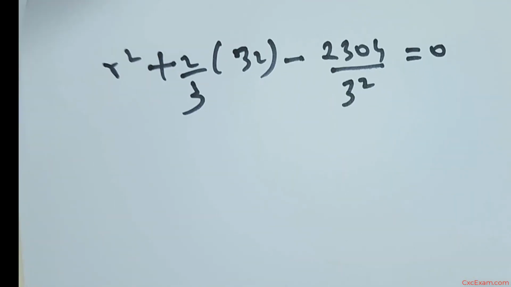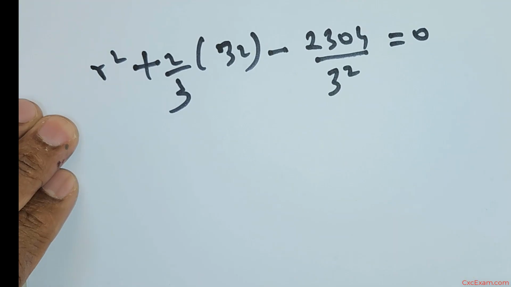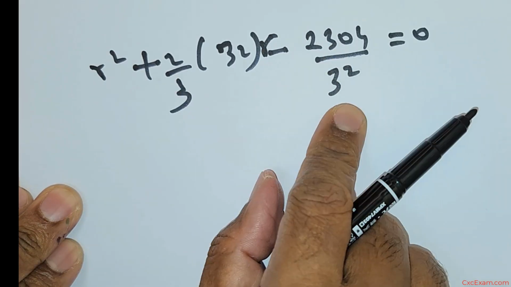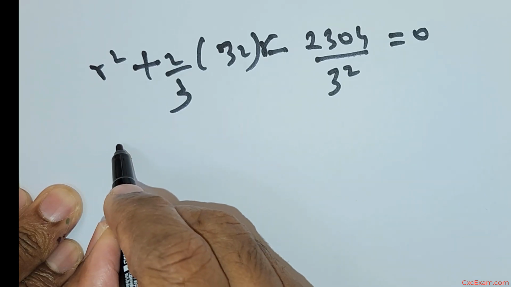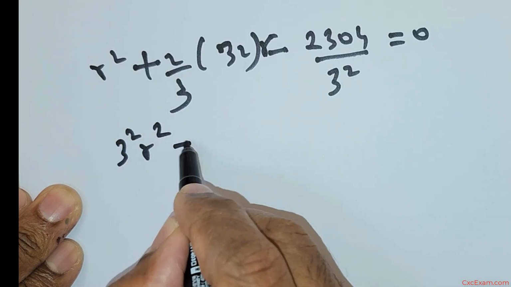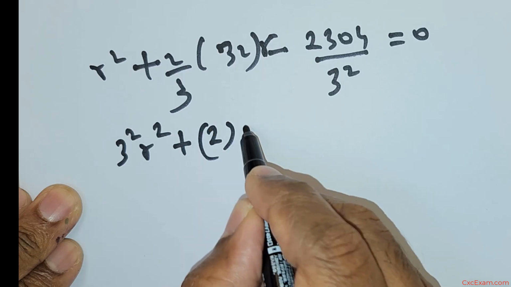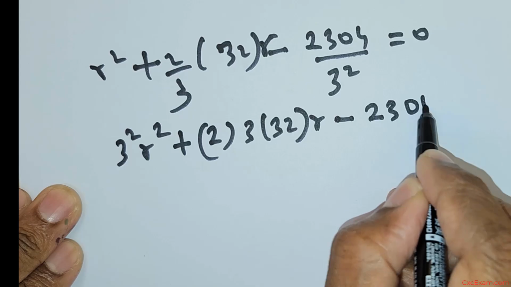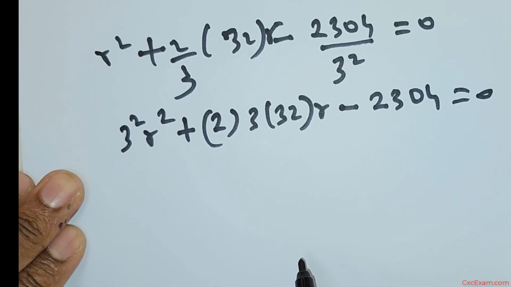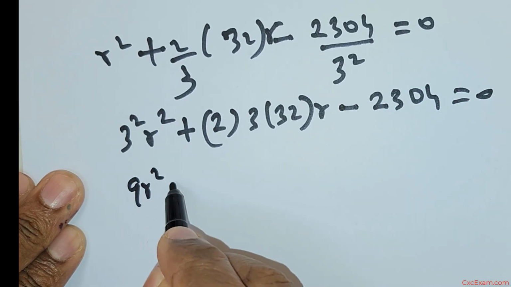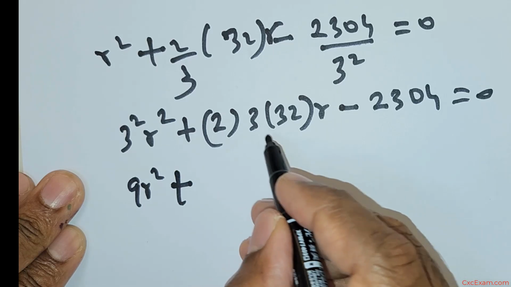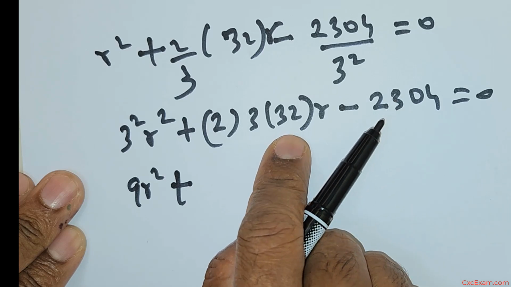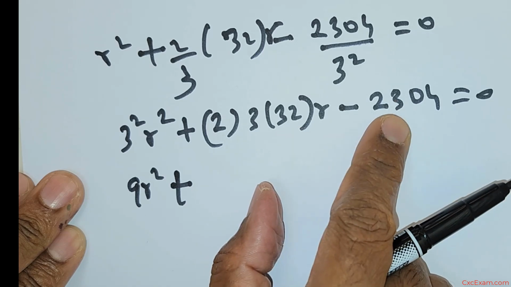So we will have to solve this. Of course there is an r here. If I multiply by 3 squared, this is going to be 3 squared r squared plus 2 times 3 times 32 times r, minus 2304 is equal to 0. So this is 9r squared plus 6 multiplied with 32r.